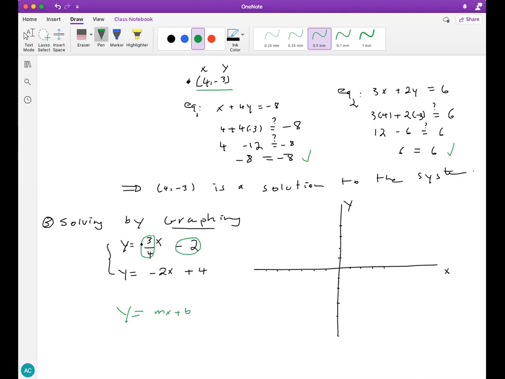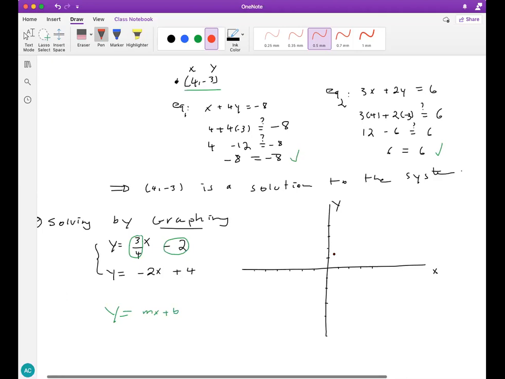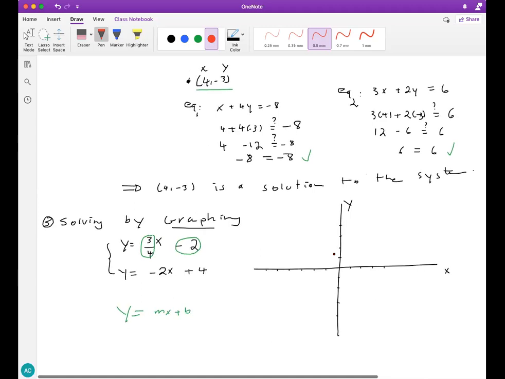So to graph this, where do you start from on this graph? What do we do first? So we want to graph this, so what do you do first? Rise 3 times, from where? You have to start from somewhere.